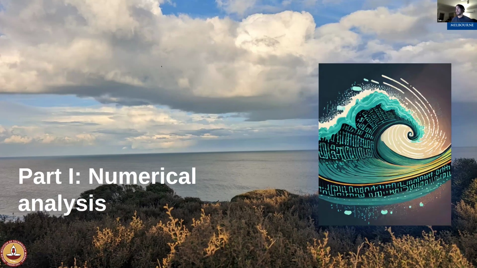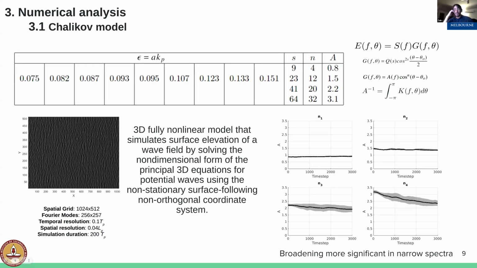So let's jump into part one, the numerical analysis. For this part, we use the Shalikov model, which is a fully nonlinear model that simulates surface elevation of a wave field by solving the non-dimensional form of the principal 3D equations for potential waves.